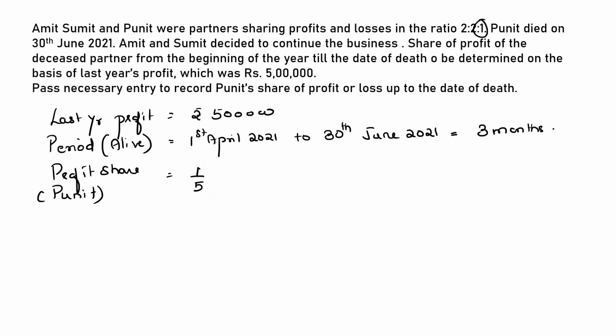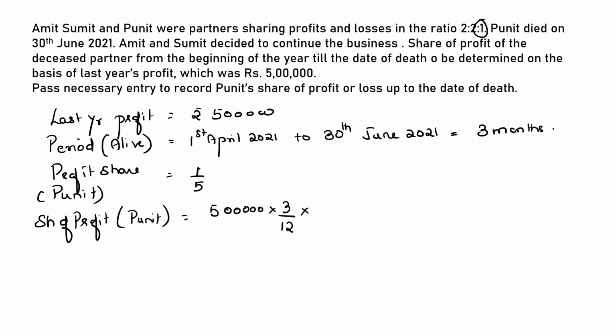Now putting that in a formula, what would be the share of profit of Punit for the period he was alive? Simple. You take the previous year's profit, which was for a 12 months period, but in this year he was alive only for 3 months. So we apply 3/12 to find out the proportionate amount for the months he was alive.